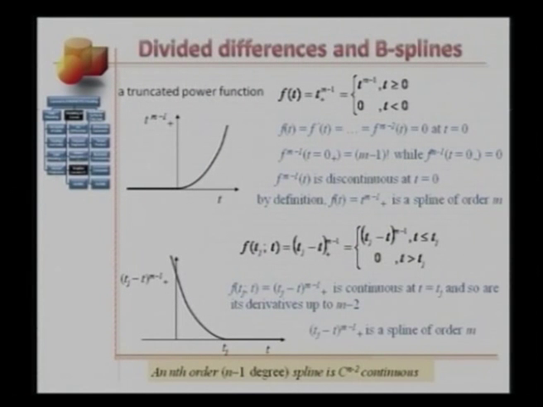And so we would conclude that (tj minus t) raised to m minus 1 plus is also a spline of order m, by definition here again.